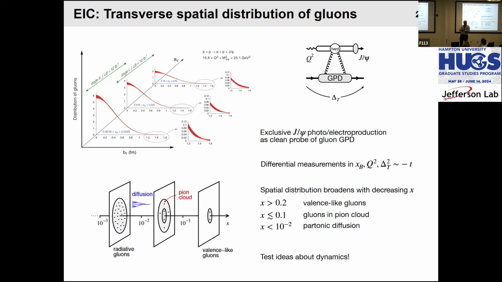And these emission processes tend to broaden the distribution of gluons in transverse space. So again, as you see, we can really read this like a book, and we can connect the transverse distribution of partons measured at various x with very specific ideas about dynamics in the system.